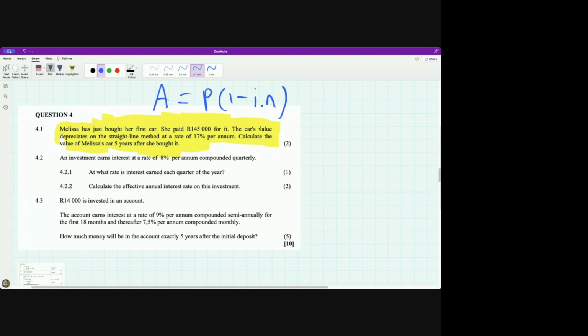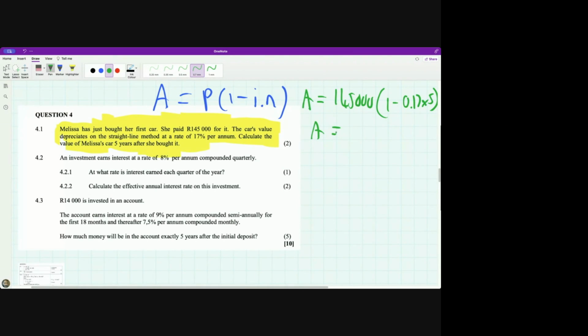Now, let's see if you can work that one out. So in some ways, this isn't actually that bad. This is 145,000. Now, it's 1 minus. Now, the i is going to be 0.17 because of the 17. What's the n? Oh, it's going to be times by 5.